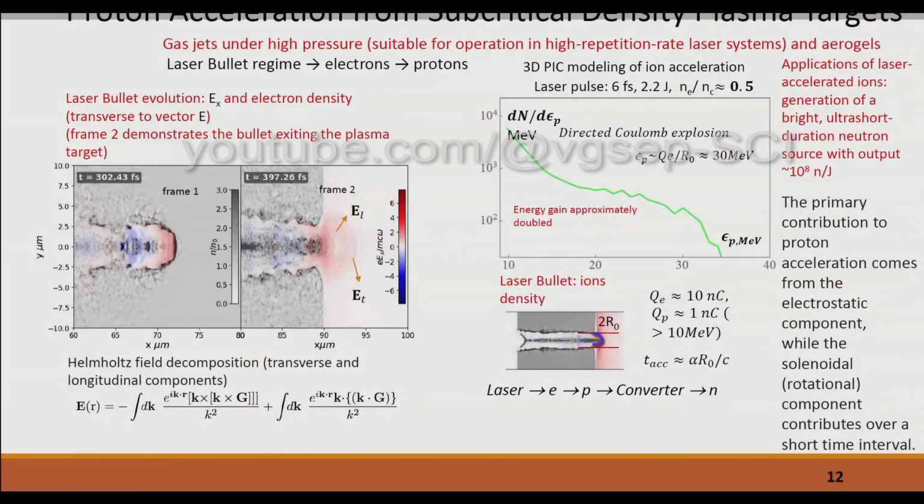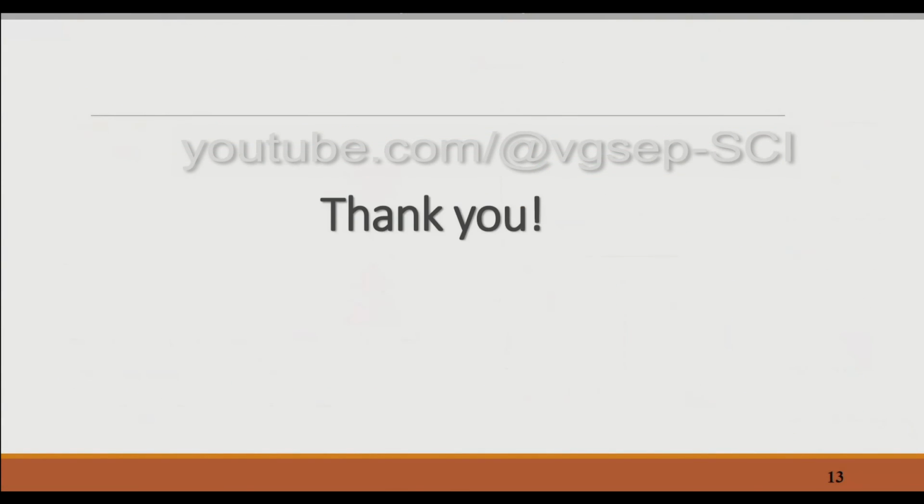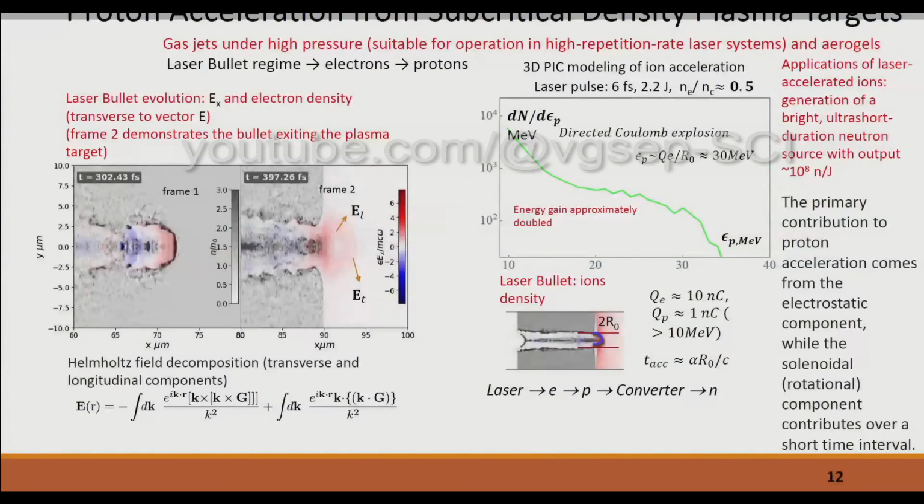In this case, we study the explosion of this bubble in gas jet targets. And we get, well, maybe two or three reasons for the acceleration of protons from the edge of the plasma.